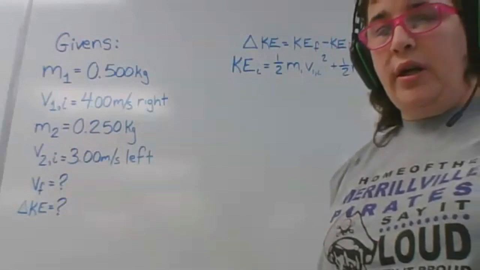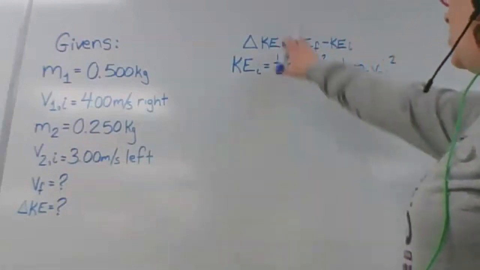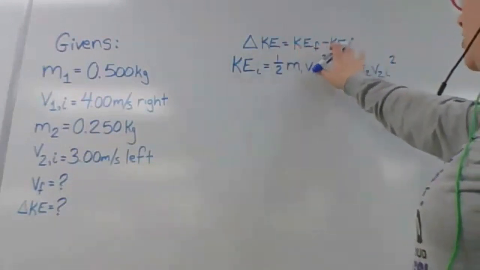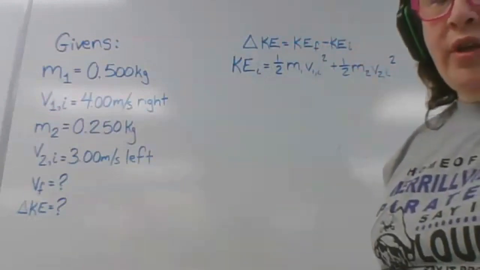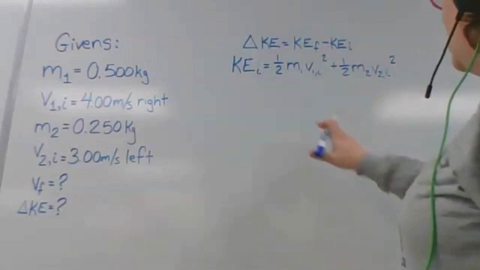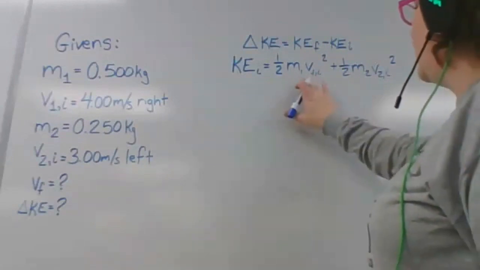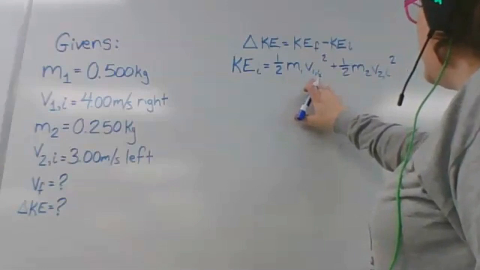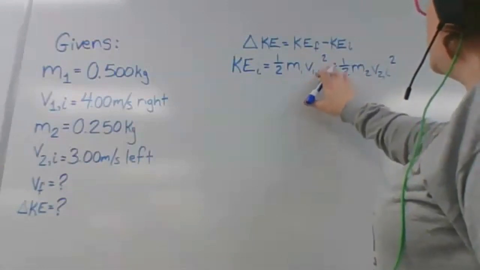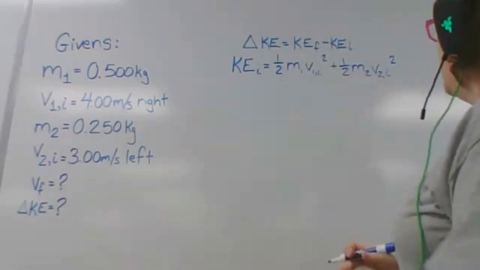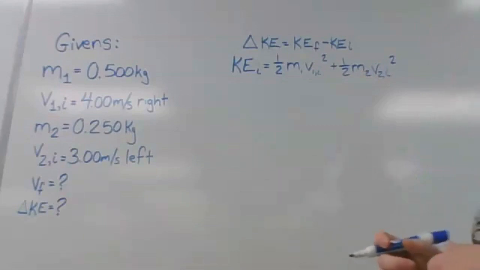The change in kinetic energy is kinetic energy final minus kinetic energy initial. The kinetic energy initial is equal to 1/2 m1 v1 initial squared plus 1/2 m2 v2 initial squared.